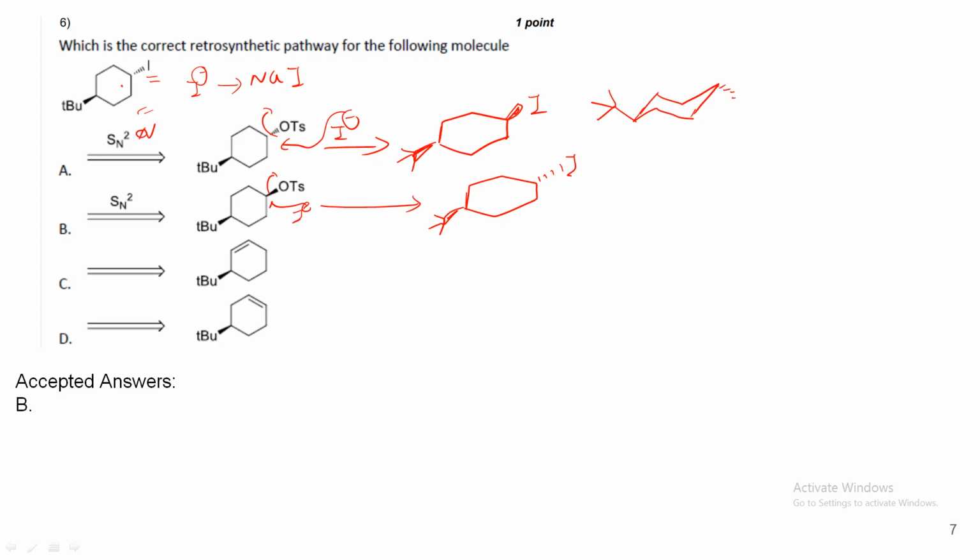OTs is like this, and for this case OTs is above, so again it's kind of axial. The remaining axial hydrogen from the attack is there again, and this kind of approach can easily eliminate that from this molecule.